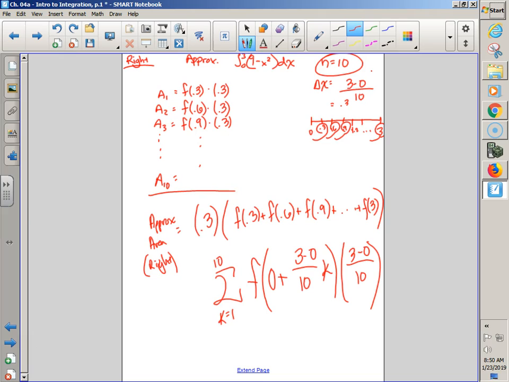Wouldn't that be easier to plug into your calculator? Pause. Would it work? Plug in K is 1. 0 plus 1 times 3/10. Is that going to be f of 0.3 times 0.3? Plug in 2. 0 plus 2 times 3/10. Isn't that going to be f of 0.6 times 0.3? Plug in 3. Plug in 4.